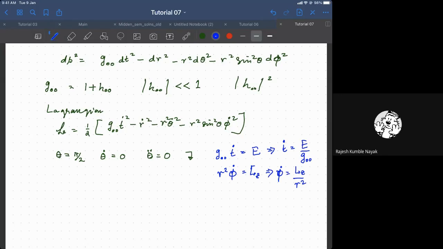You can write the Lagrangian to be 1. Then you have 2 is equal to G00 T dot square minus R dot square minus R square phi dot square. You have already phi dot and T dot known in terms of constants that you can substitute.